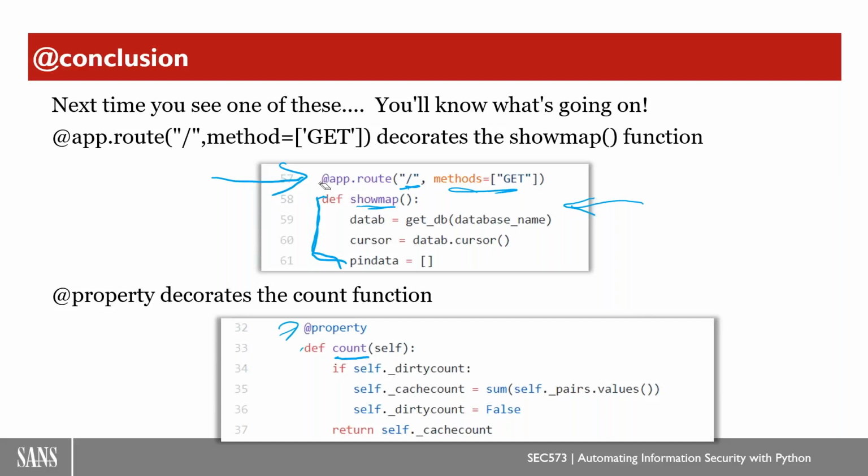So while these little @wrapper commands take up so little real estate in the programs, they're really doing a lot behind the scenes, which is really the power of decorators. With just adding a couple of lines of code to our Python programs, a whole lot is happening behind the scenes.